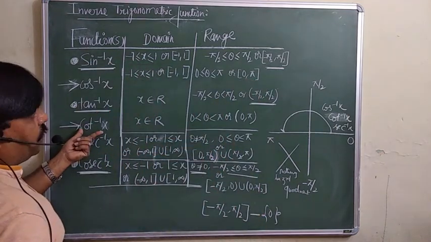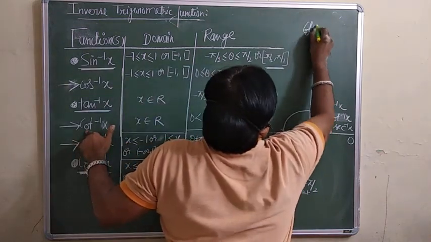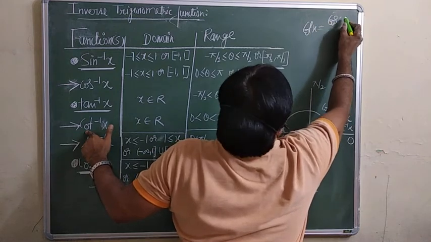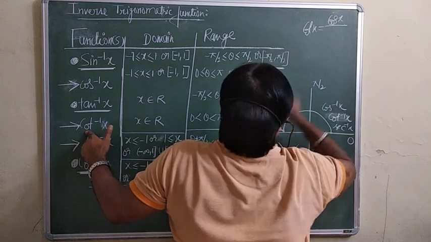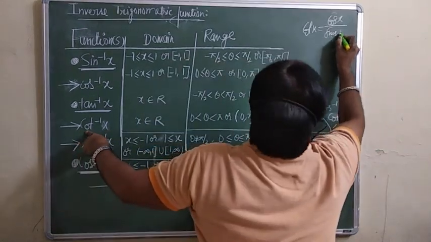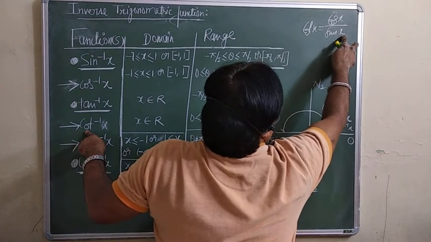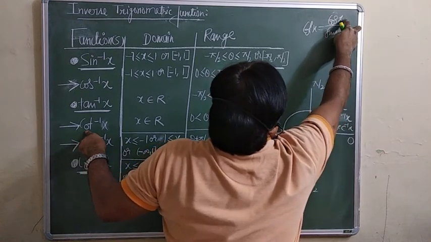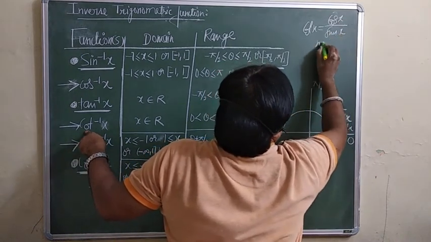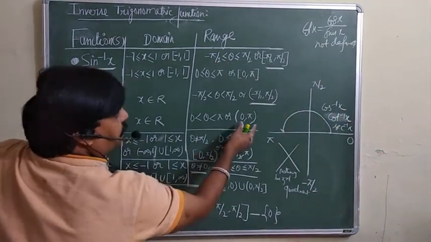But cot x is not defined at 0, because cot x is cos x over sin x. So sin 0 is 0 and cos 0 is 1. So 1 over 0 is not defined. That's why it is in open interval.